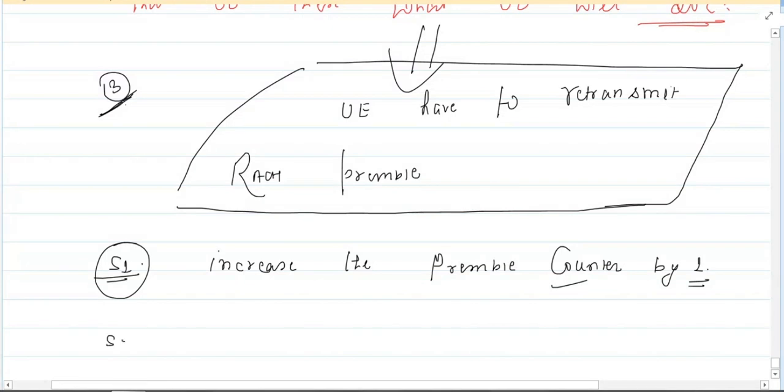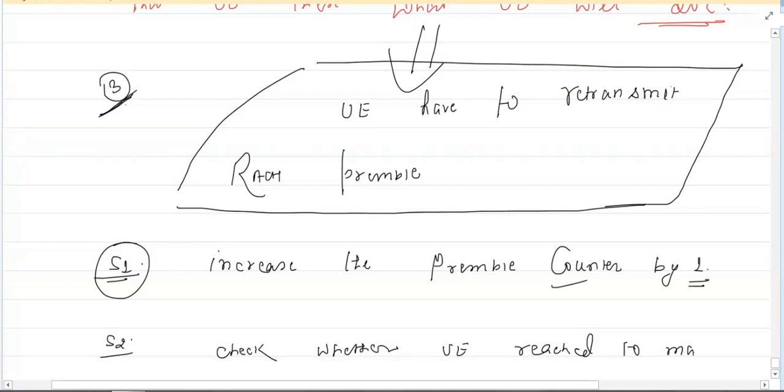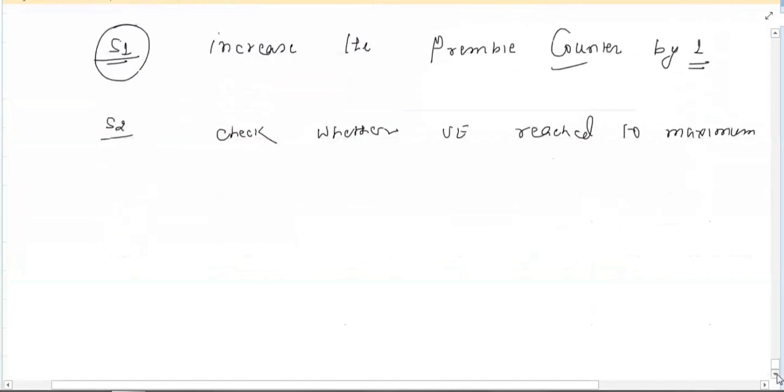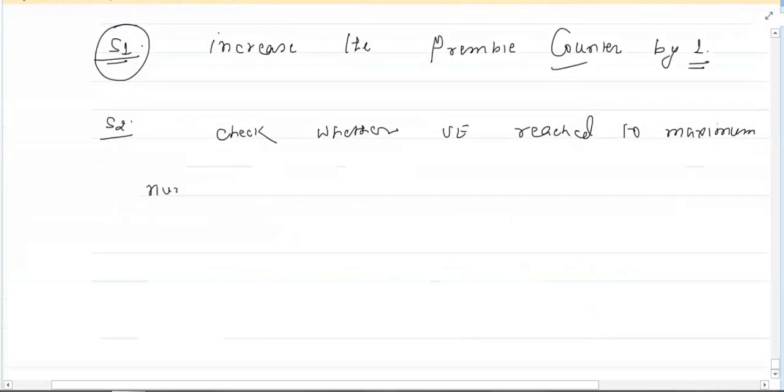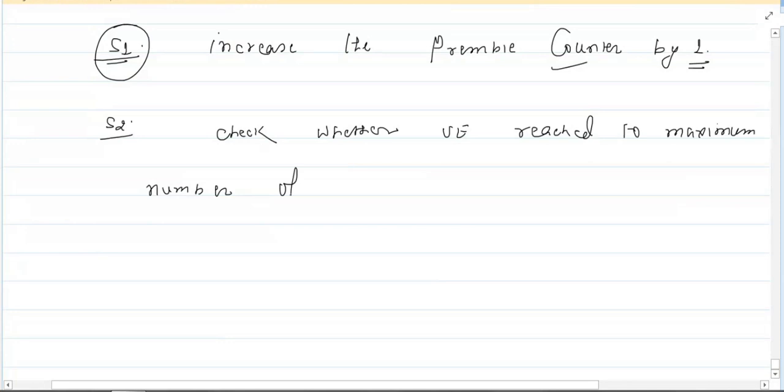So step 2, check whether you reached the maximum number of preamble transmissions.